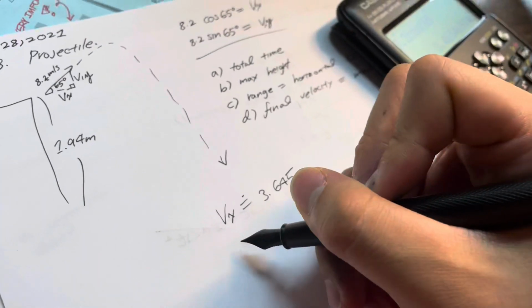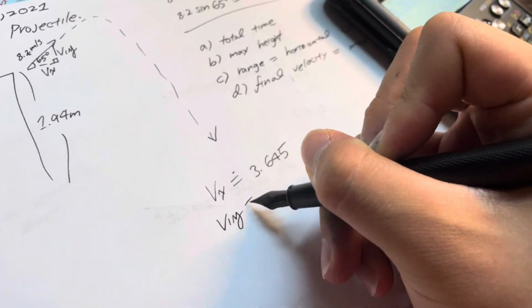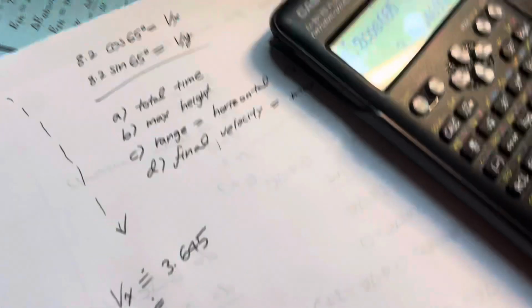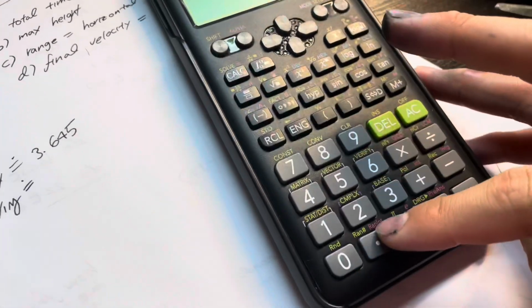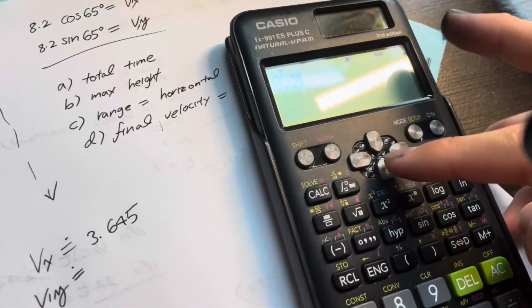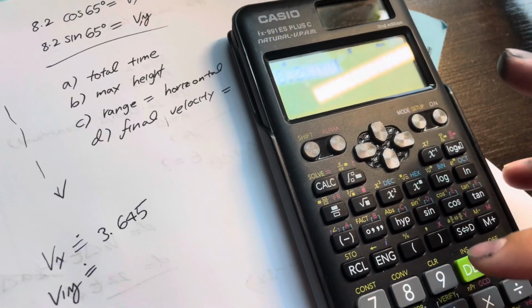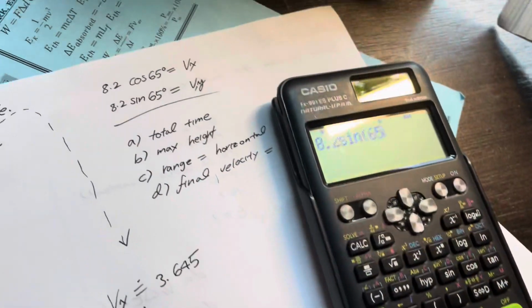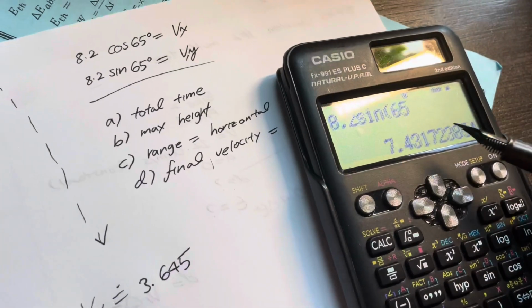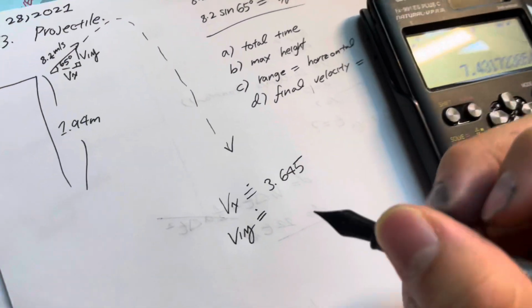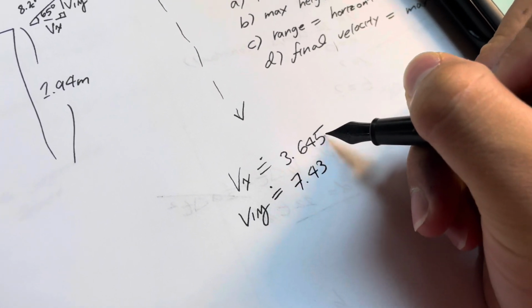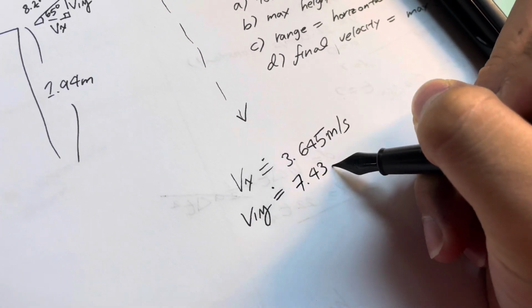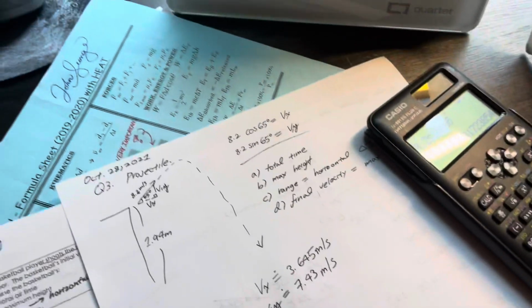We're gonna add a little dot here. Sick. And V1y equals 8.2 sine 65, which equals 7.43. These are both meters per second. Sick. Very nice.